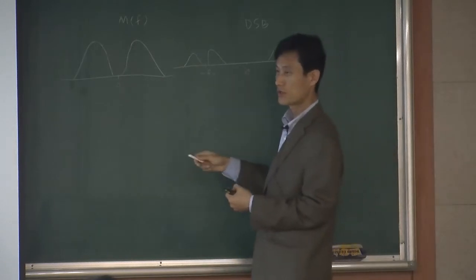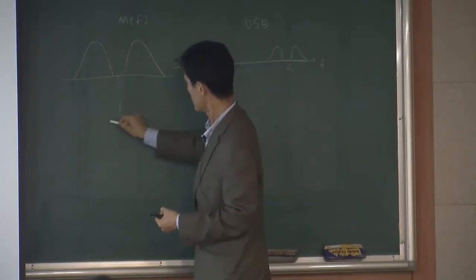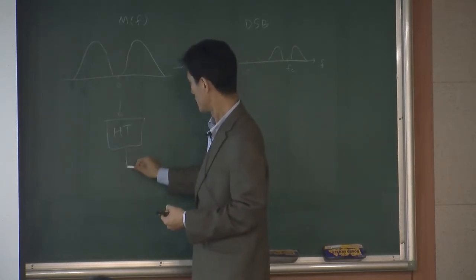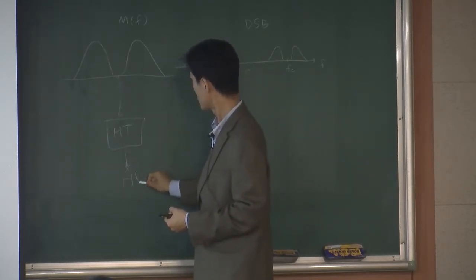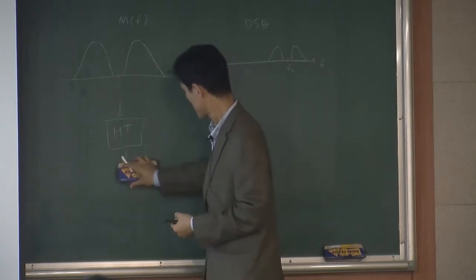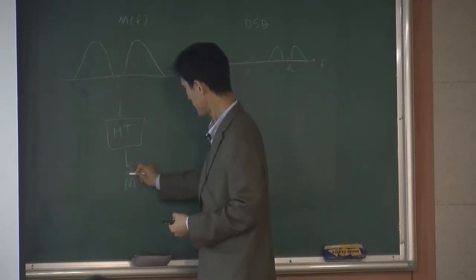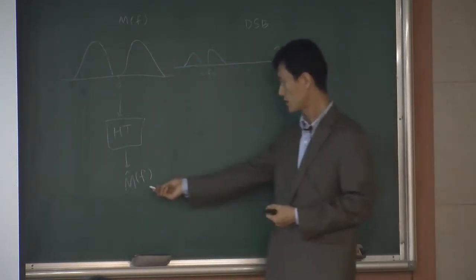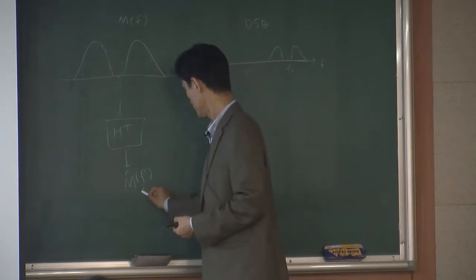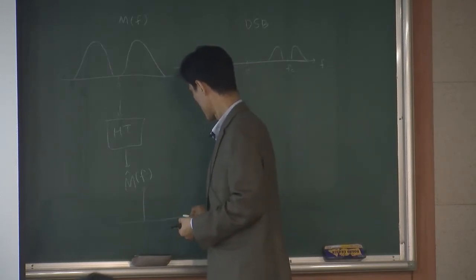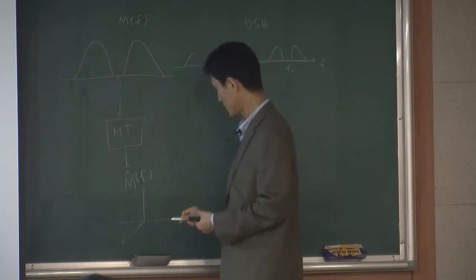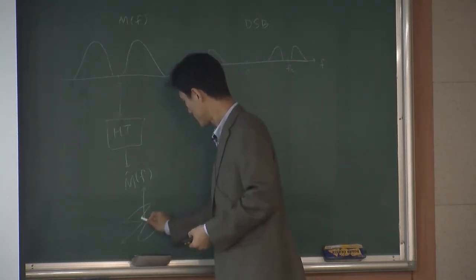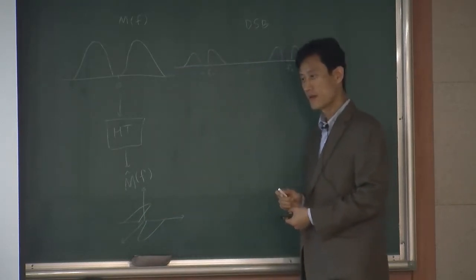And also what you need to do is put this one into the Hilbert transform. Now you're going to get M hat, M hat(f). And what does it look like? If we draw it in 3 dimensions, it's going to be like that, right?